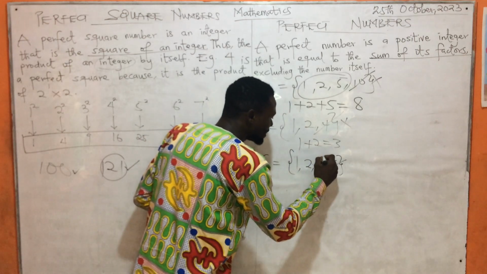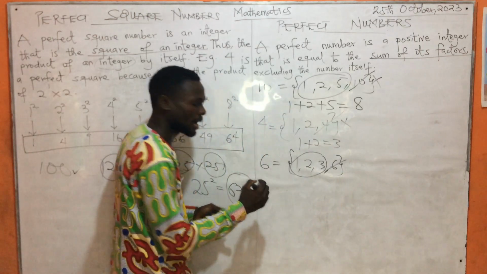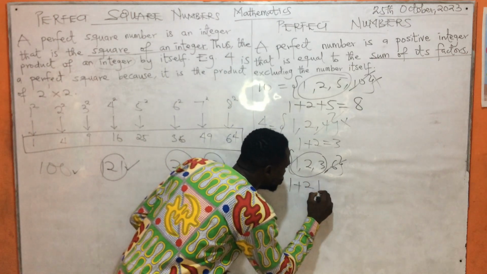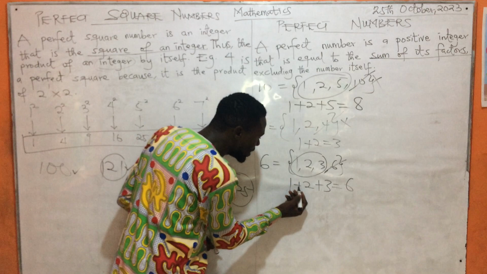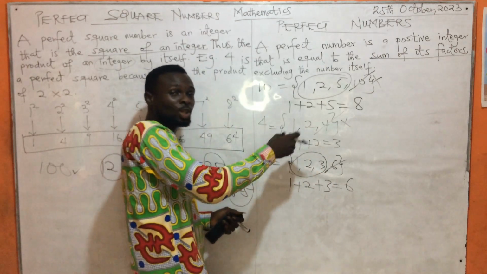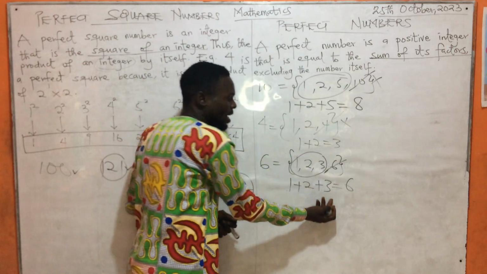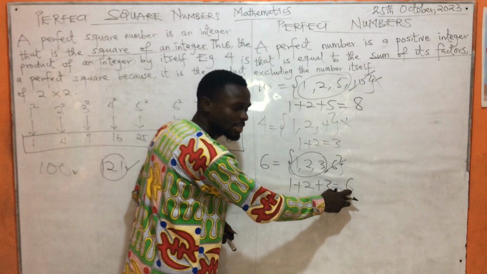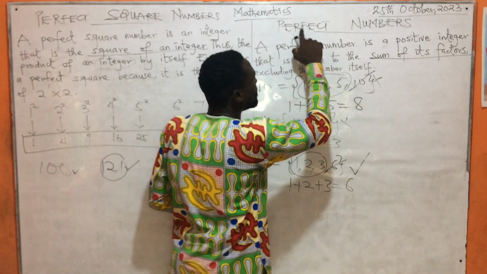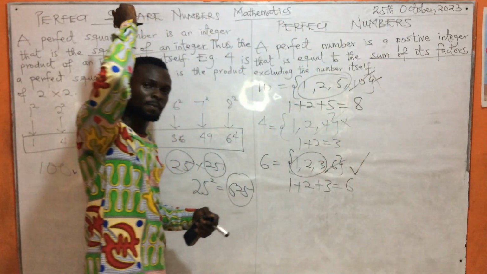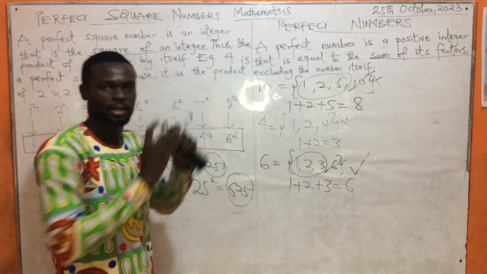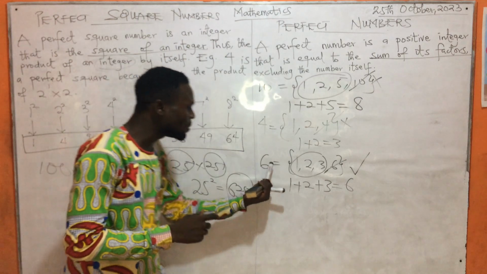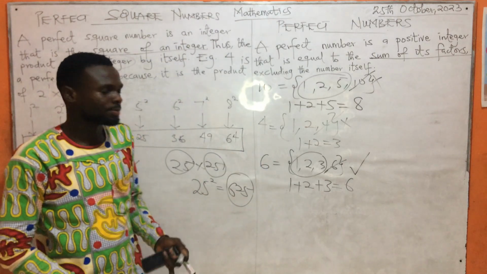So add the factors excluding the number. 1 plus 2 plus 3, my answer is 6. So if the remaining factors excluding 6 sum to 6, then 6 is a perfect number. So now we've been able to find one perfect number.